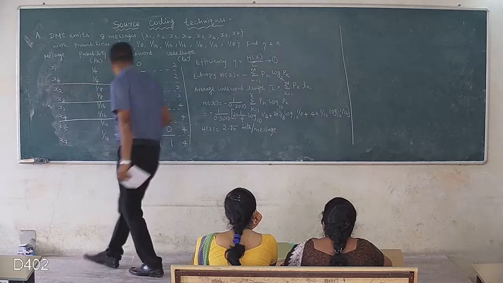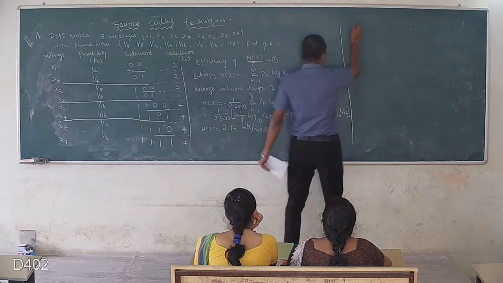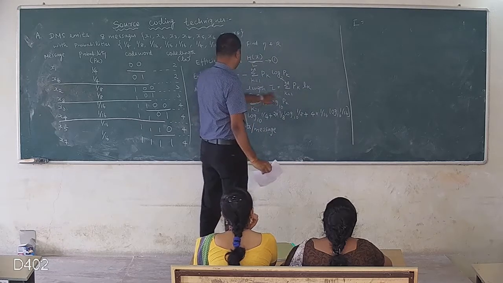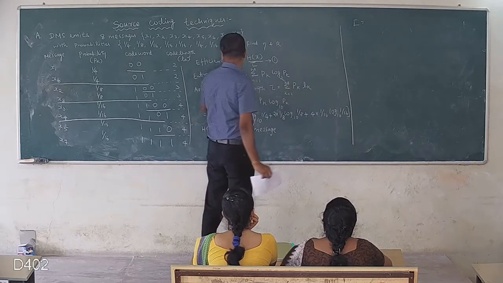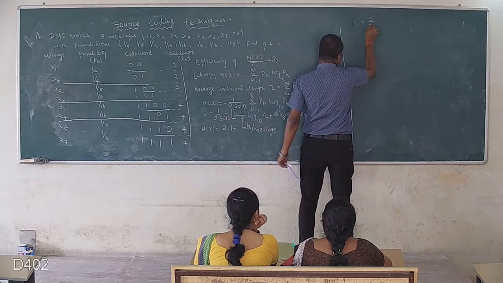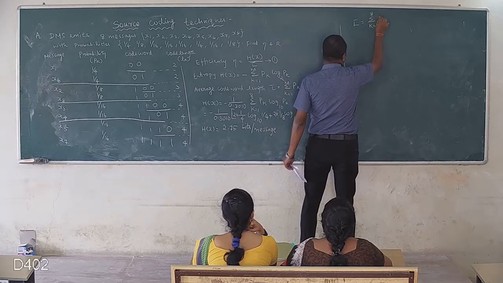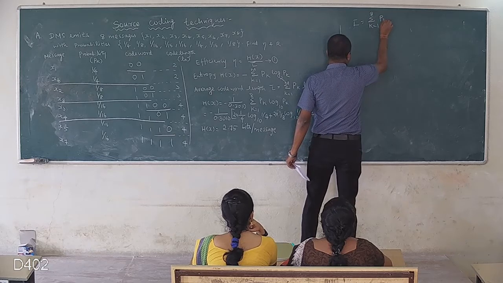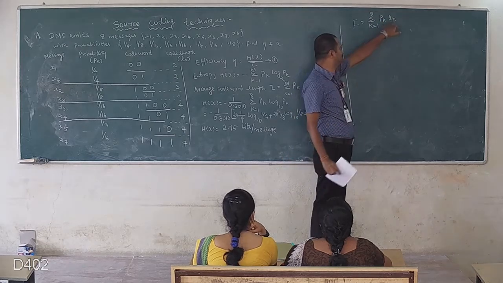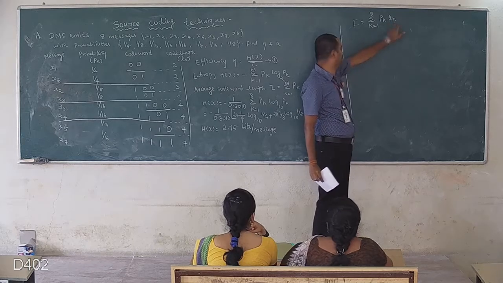The average code word length L bar is equal to, I have already written the formula here. Now k varies from 1 to 8. So summation k is equal to 1 to 8 pk into lk. Pk represents probability of occurrence of the symbol, lk represents length of the symbol.